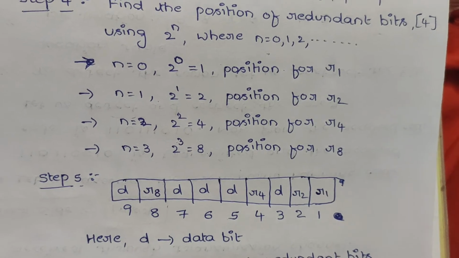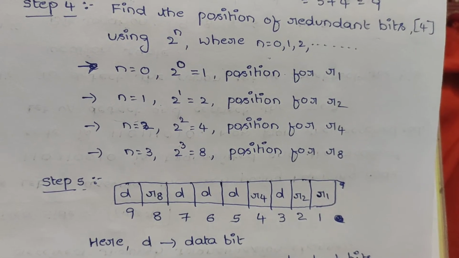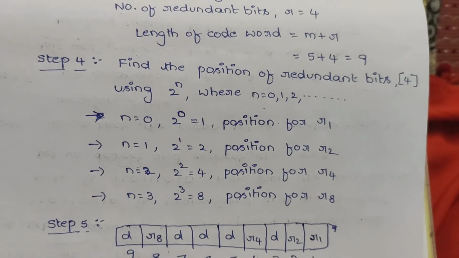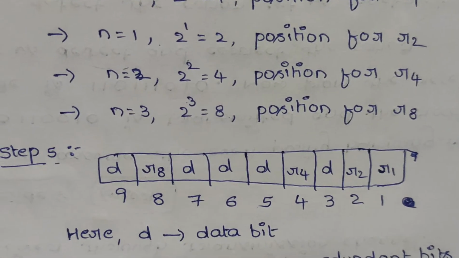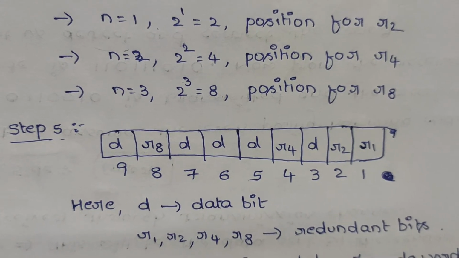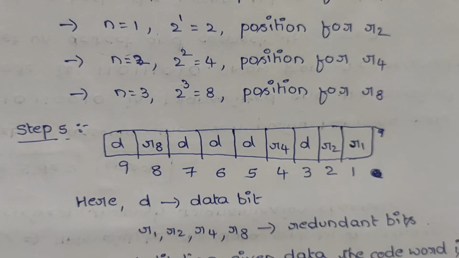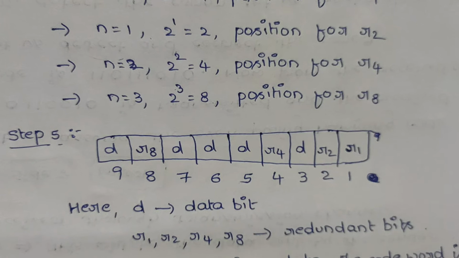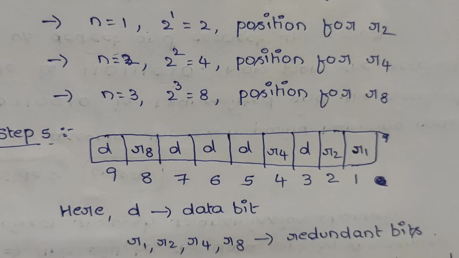After finding the positions, we place these redundant bits in the corresponding positions. In our code word we have 9 bits, so we write down 9 positions: 1, 2, 3, 4, 5, 6, 7, 8 and 9. In the positions 1, 2, 4 and 8, we place the redundant bits r1, r2, r4 and r8.